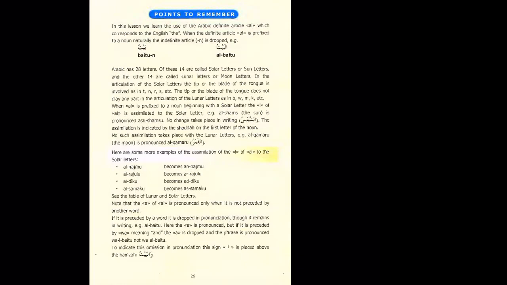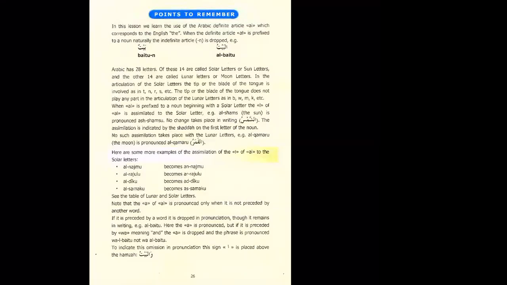Both of them are written exactly the same, but when we're speaking them, we will drop the lam. So we gave the examples. Al-najmu becomes an-najmu, ar-rajulu, ad-diku, as-samaku.